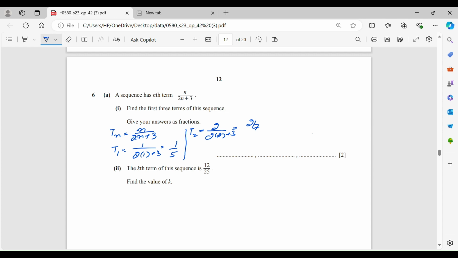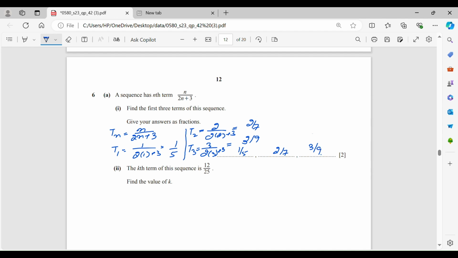Now T3 will be equal to 3 over 2 bracket 3 plus 3, which will be equal to 3 by 9. So our answer is 1 by 5, 2 by 7, and next will be 3 by 9.